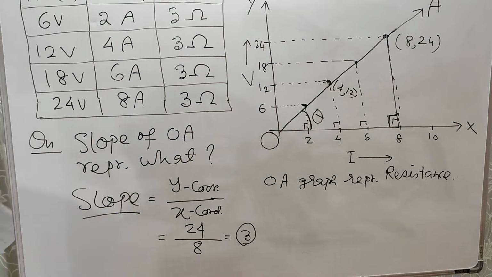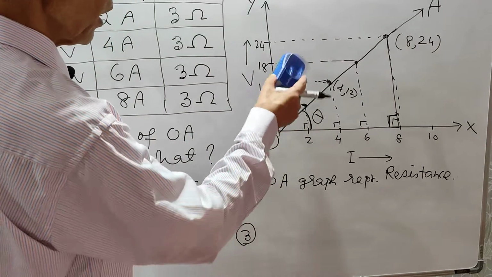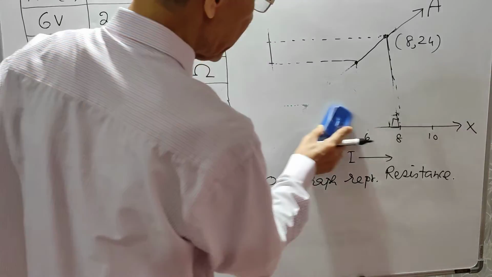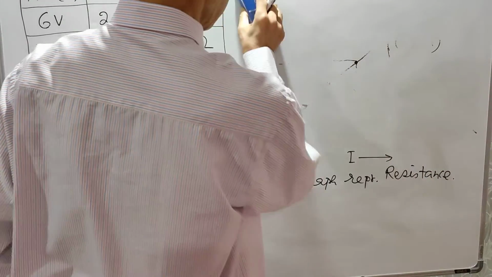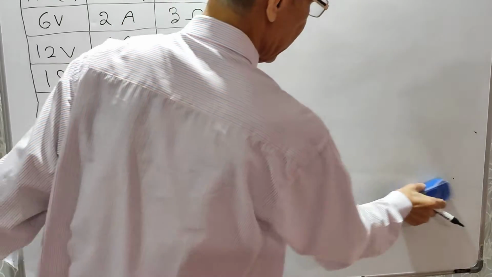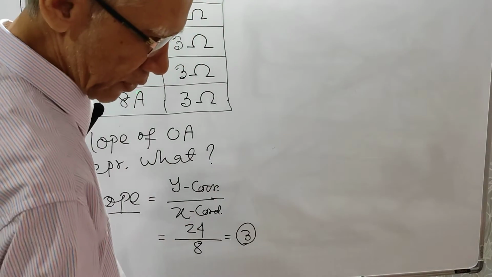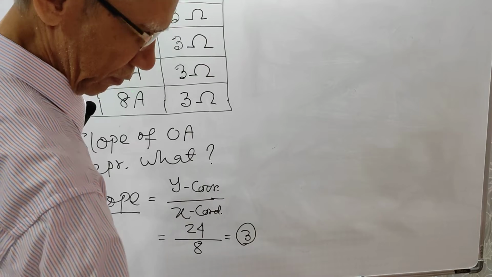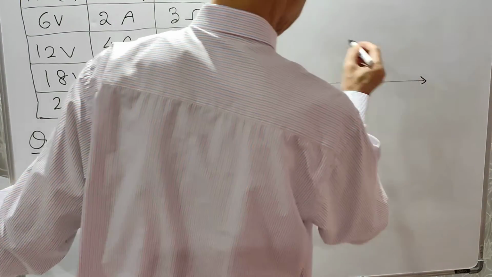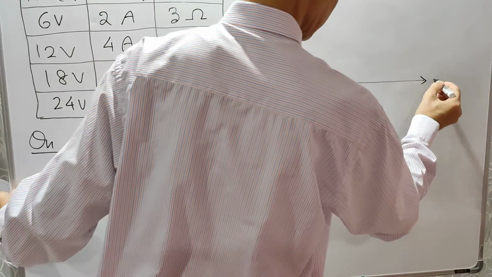Now there is another graph. This was the VI graph. Now suppose we draw the IV graph, just the reverse. So this is x-axis, this is y-axis.